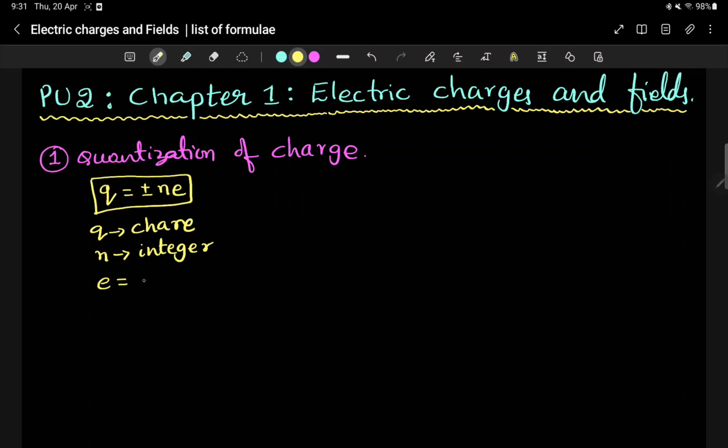If it is electron it is negative, if it is proton it is positive. Now let me write the value: 1.6 into 10 to the power minus 19 coulomb. This is the first formula.